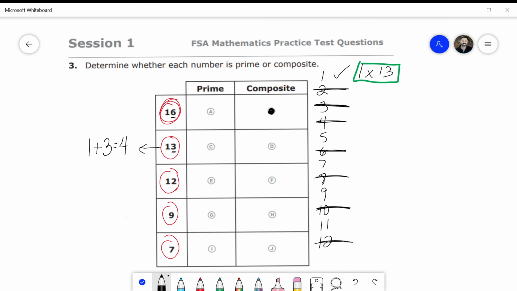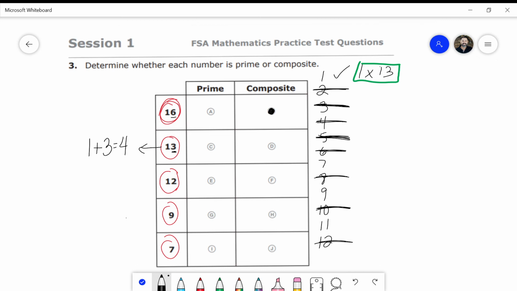If I skip the number 4 when I'm counting by 3s, then I will skip the number 13 if I'm counting by 3s. It's a neat little trick. The rule for 5 is the ones place has to be a 0 or a 5. If you count by 5s, there will always be a 0 or 5 in the ones place. Well, here there's a 3. So that means 5 doesn't work.